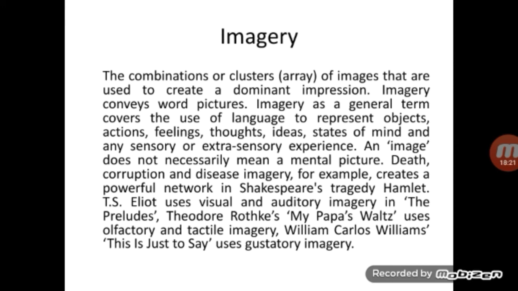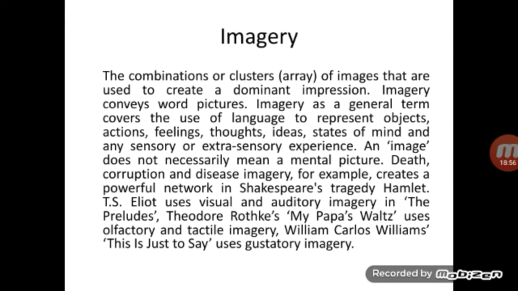We already talked about abstract image and kinesthetic image. So these also come under the extrasensory experience of a person. An image does not necessarily mean a mental picture. Death, corruption, and disease imagery, for example, creates a powerful network in Shakespeare's tragedy Hamlet.